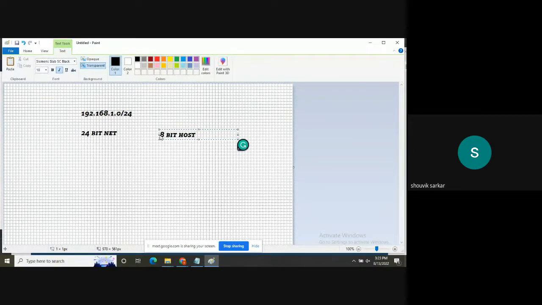One bit can store 0 or 1. For 8 bits, the minimum value is eight 0s and the maximum value is eight 1s.